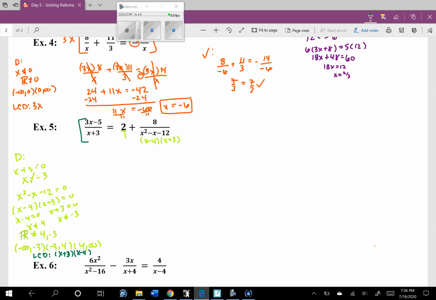And so when I multiply all the numerators by that, we're multiplying by (x minus 4)(x plus 3).